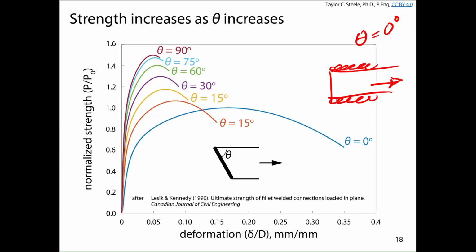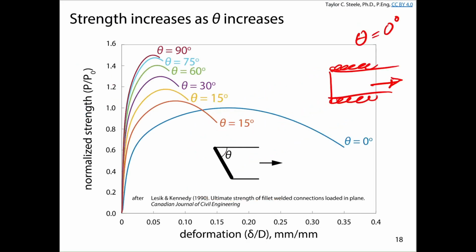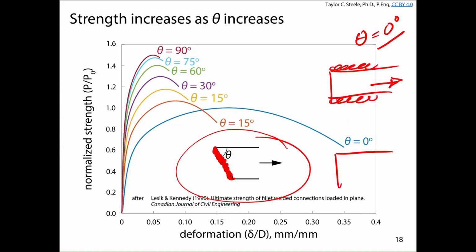If you were to change the loading angle, the most common way you could think about that would be something like this down here. If we had a weld along the backside of a steel plate, for example, and we're pulling on that steel plate, we're generally going to see that as the angle goes from 0 to 90 degrees, the strength is going to increase because we're no longer failing the weld in shear, we're failing the weld in tension, and the tensile stresses at failure are higher than the stresses in shear at failure.